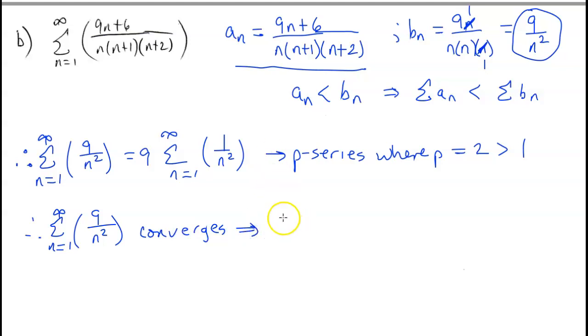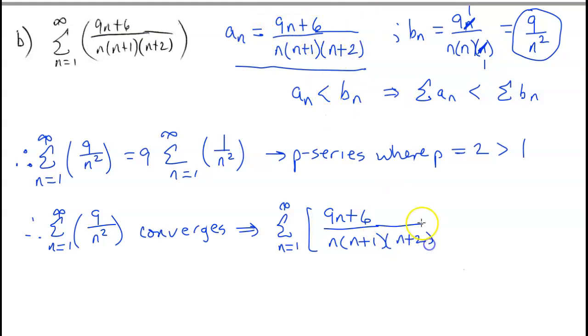and that implies that my series for what I was originally considering here is also going to converge, because remember, the original series relates back to this a sub n sequence, which is the smaller one out of the two. Okay, and remember, if the bigger series converges, then the smaller series follows suit and converges via the comparison test.